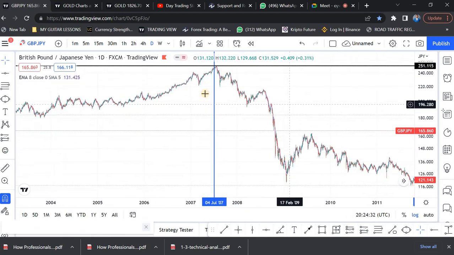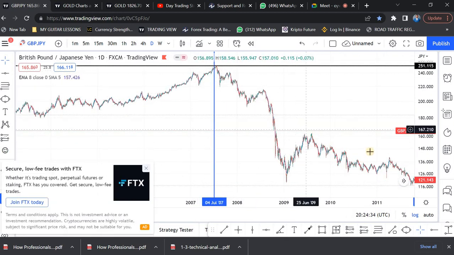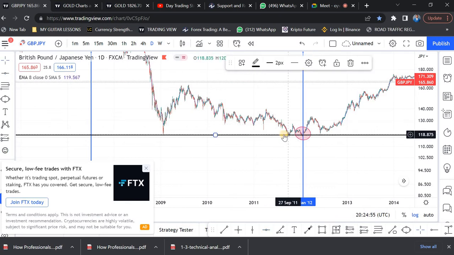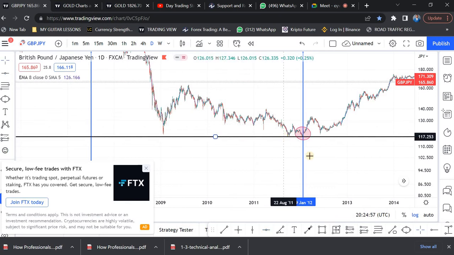You could see that when price came here, it reversed all the way down up to this point. And when it reversed to this point, you could see that price started moving up again. So this point also is now acting as a support.